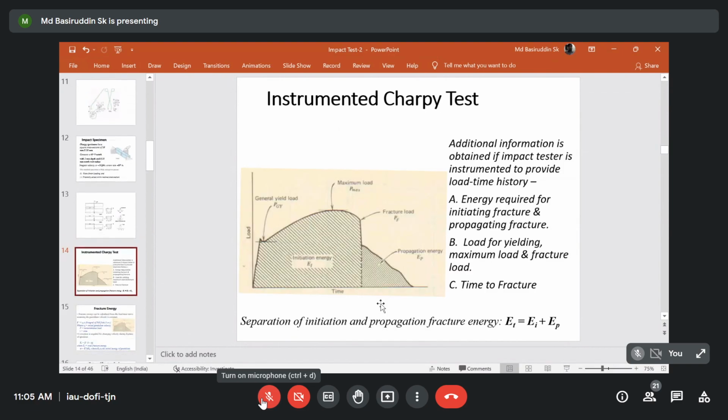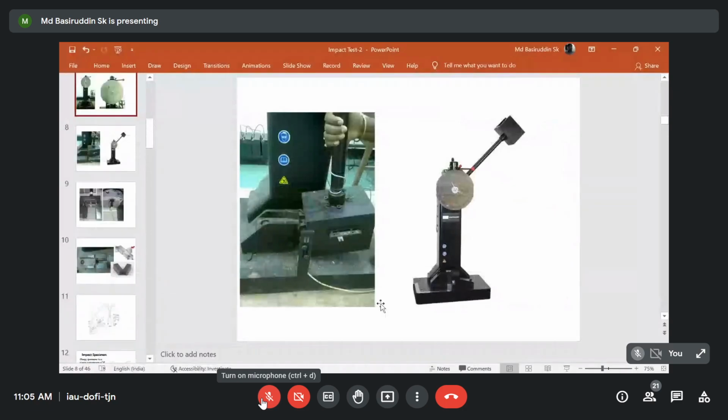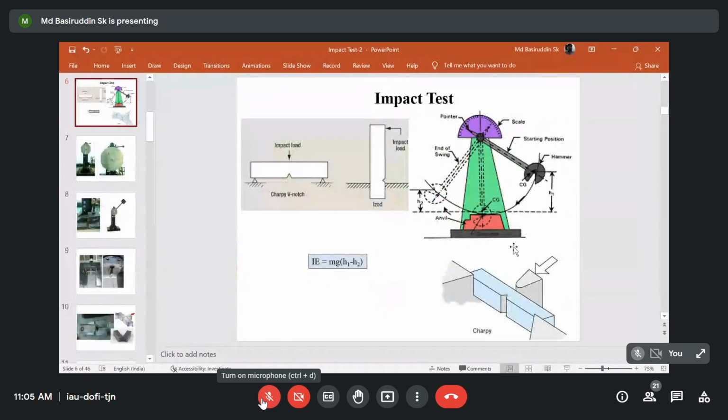Now, the second test was the Izod test. The Izod test is generally carried out in this particular fashion. The specimen geometry is more or less the same, but here you can find a 3 point loading condition, where two positions just restrict the specimen from moving along the loading direction, and another point in between these two positions is the impact loading point.